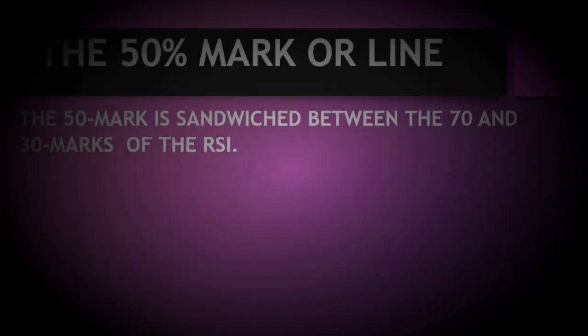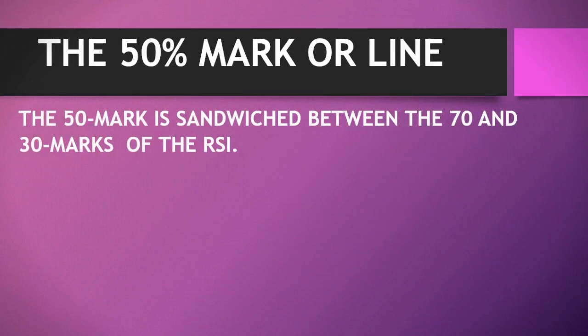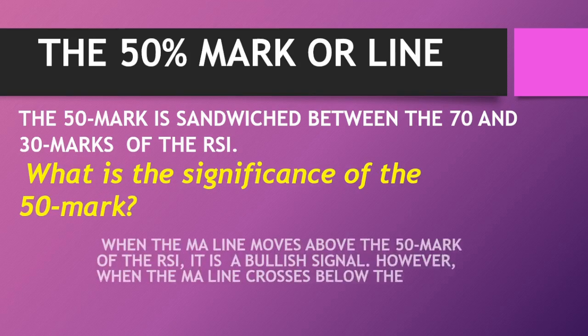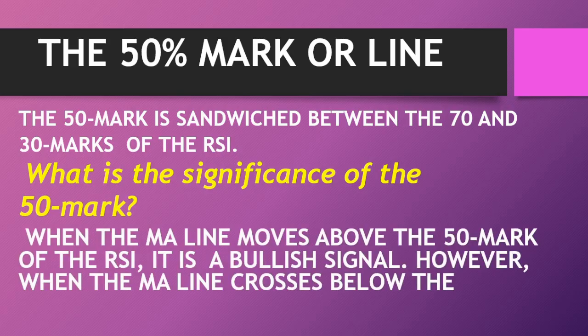The 50% mark or line. The 50% mark or line is sandwiched between the 70 and 30 marks of the RSI indicator. What is the significance of the 50% mark? When the MA line moves above the 50% mark or line of the RSI, it is a bullish signal.